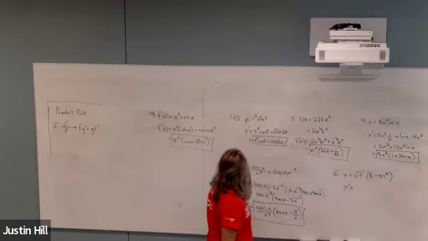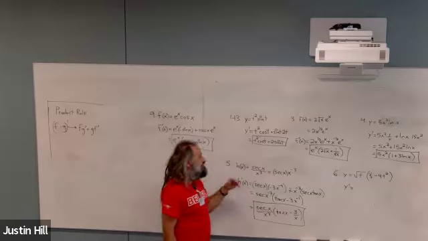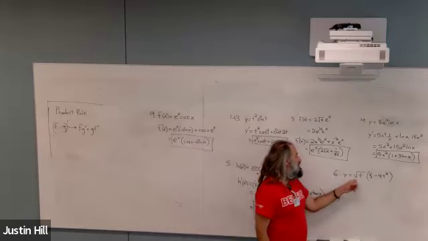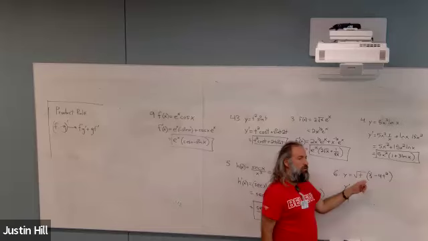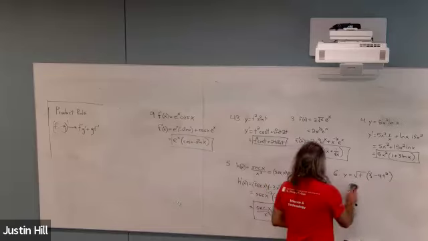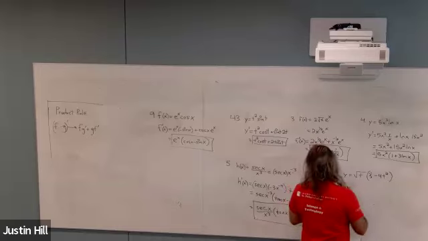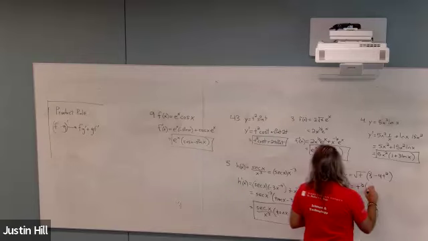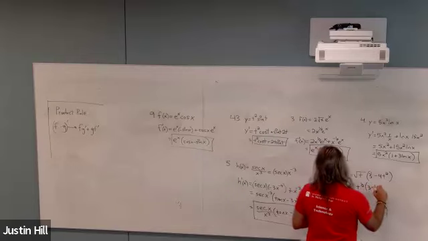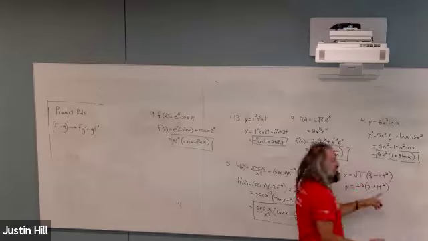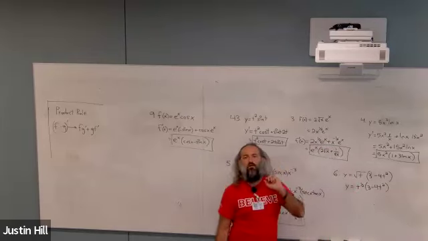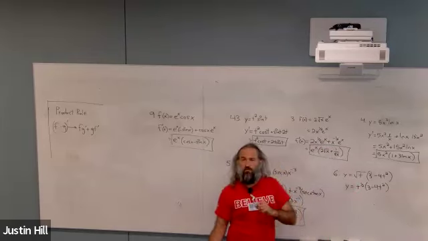But notice that this is a radical and this is a polynomial, and we know we can rewrite the square root as t to the 1/2 power. Once I have it written this way, are these really two different types of functions? Not necessarily, they're both power functions.